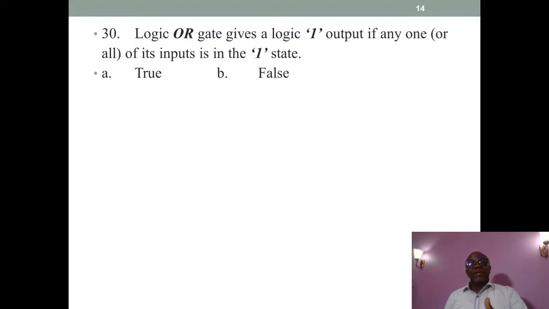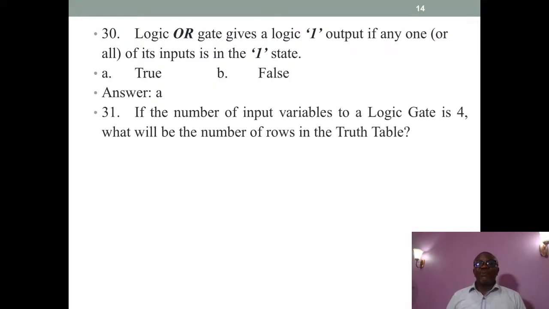If any one of them is closed, current will flow. If 2 of them are closed, current will still flow. So you see that a logic OR gate gives logic output 1 if any or all the inputs is in the 1 state. So our answer becomes true, A.